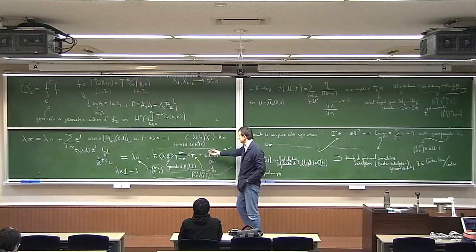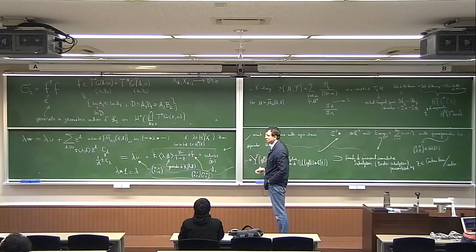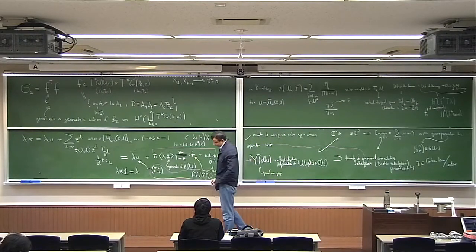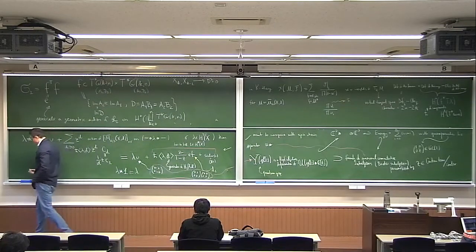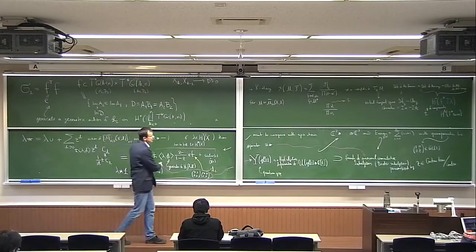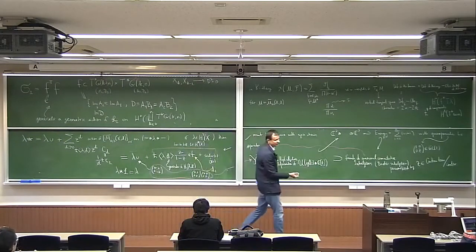You can see that this is the right answer. You can see that this belongs to the algebra it should belong to. But maybe a more satisfying way is to have a more conceptual understanding of why something like this is true.